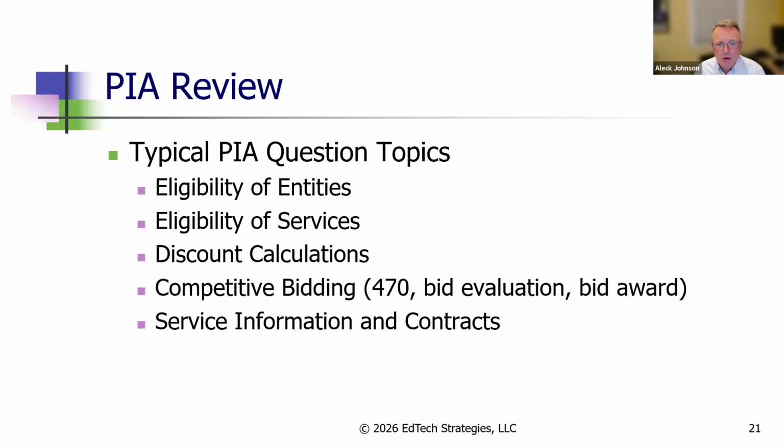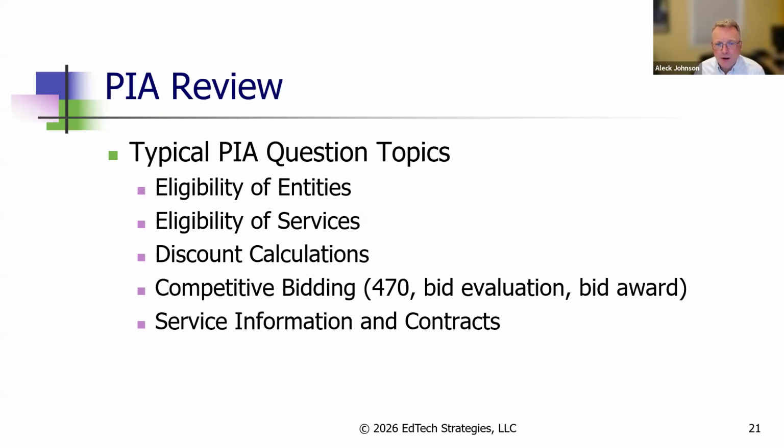The fourth area where you will typically get questions has to do with competitive bidding. And you'll recall from our previous trainings, I've talked about how competitive bidding is sort of the keystone for all E-rate related questions. If you have screwed up in the competitive bidding process, you are typically unable to recover from that in a timely fashion.